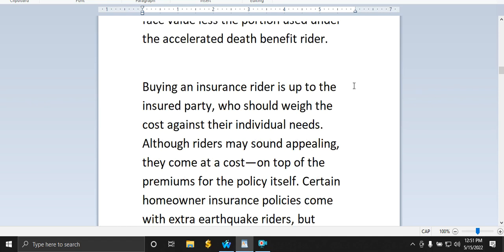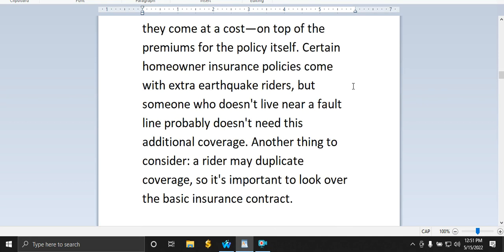Buying an insurance rider is up to the insured party, who should weigh the cost against their individual needs. Although riders may sound appealing, they come at a cost on top of the premium for the policy itself.